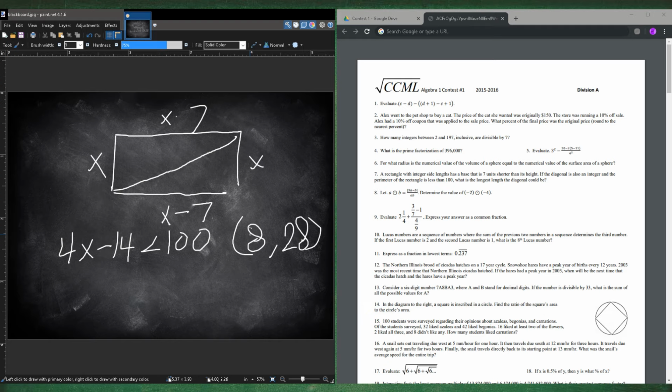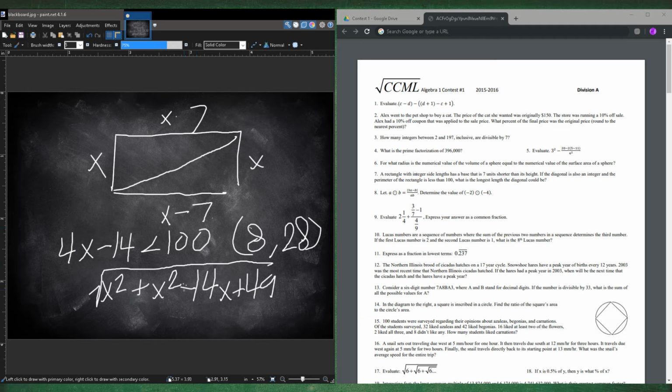That's what we know. So we're going to use the Pythagorean Theorem, which states x squared plus (x minus 7) squared, which is x squared minus 14x plus 49, is equal to c squared, so we have to square root this.